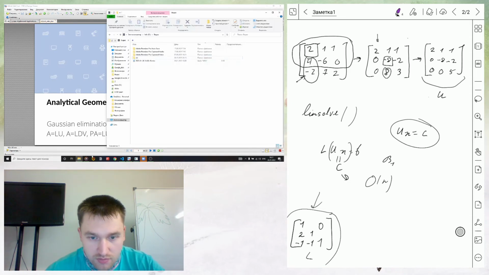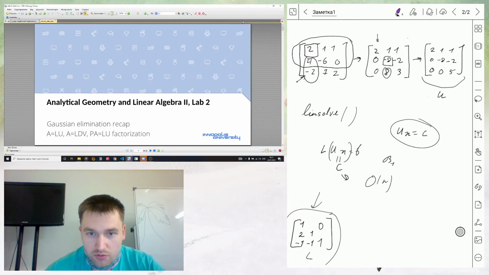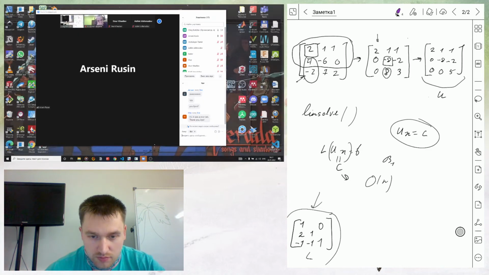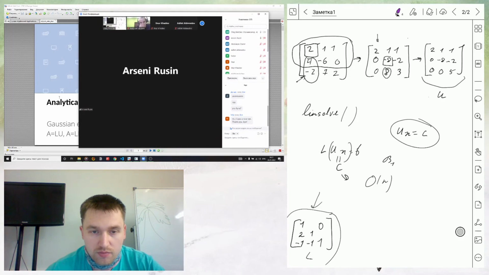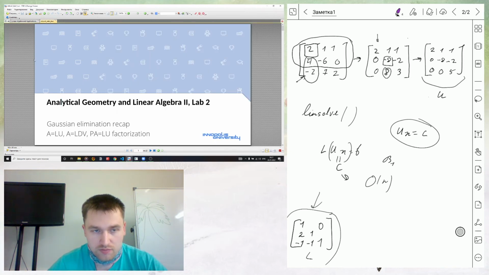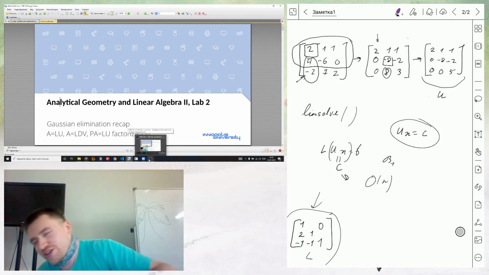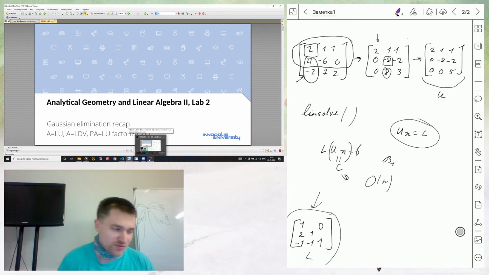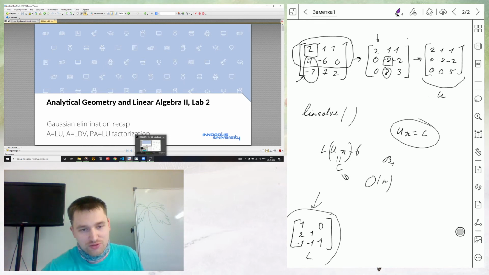I have a question about permutation matrices. Yeah, what's the problem? Will there be any task related to this topic? Did you get the goal of the permutation matrix, why it appeared? In case we rotate our rows, we need to check it. Not rotate, but exchange.